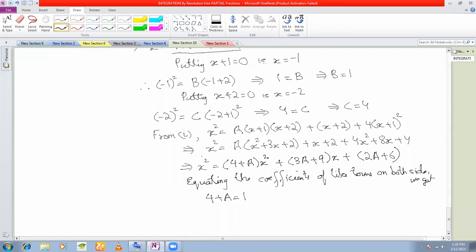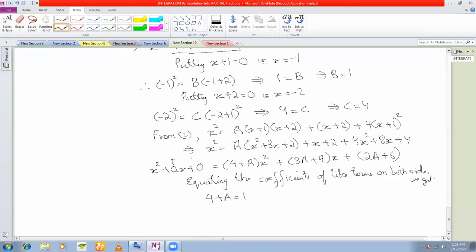Do you see any coefficient of x here? On the left hand side, any coefficient of x do you see? You don't see. So therefore, you see only an x square. So you can write this as x square plus 0 into x plus 0, right?